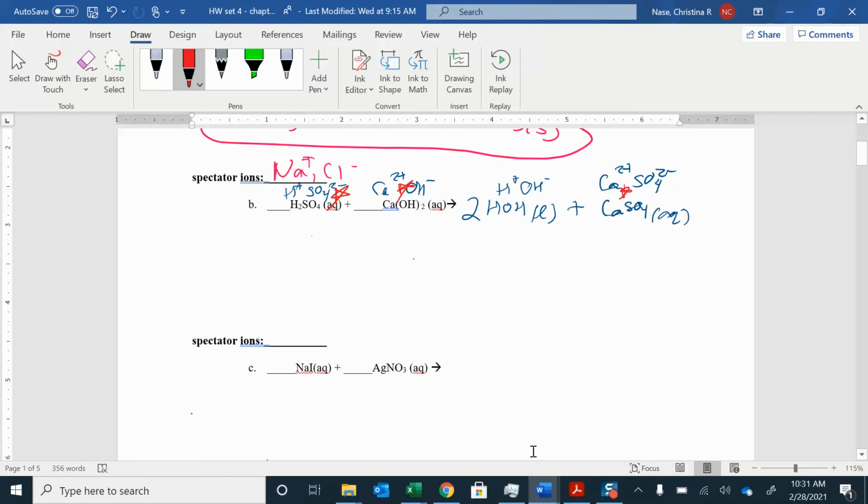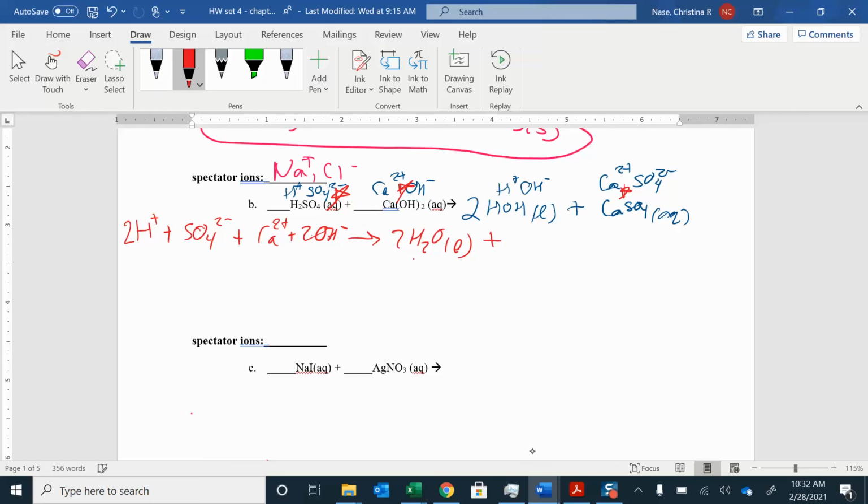Now everything with a star can dissociate into ions. So I have my sulfuric acid, 2 H pluses, SO4 2 minus, calcium, 2 hydroxides. I get my water, that's going to stay together. I'm going to call that H2O now because I already balanced it. You can keep it as HOH if you want to.